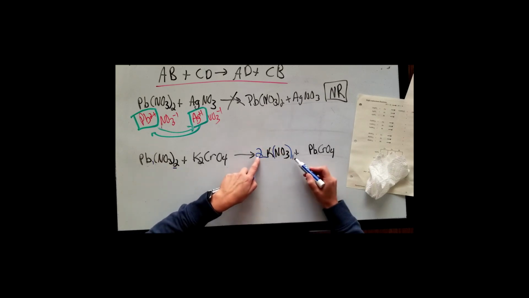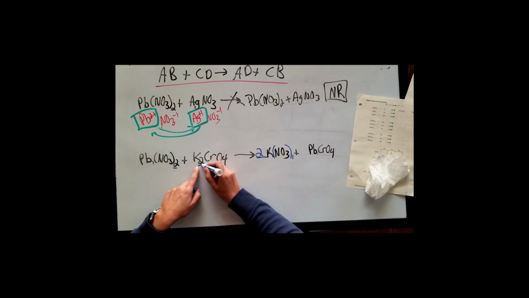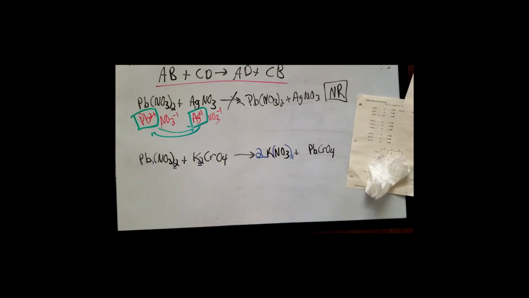That tells me I now have 2 NO3s, but it also changed my potassium. Now I have 2 potassiums as well. But that's okay, because look, I have 2 potassiums on the reactant side, so it balanced itself out. So this would be the balanced chemical equation reacting lead-2 nitrate with potassium chromate.